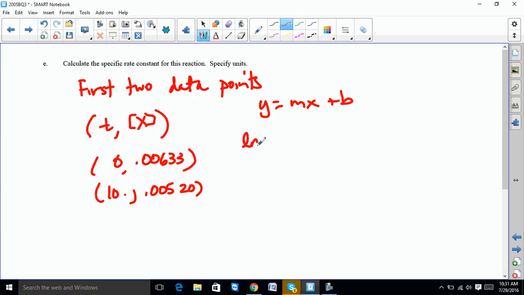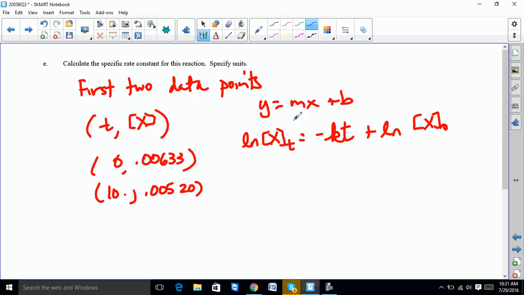The natural log of x at any time is equal to negative kt plus the ln of x sub 0. That's the equation.